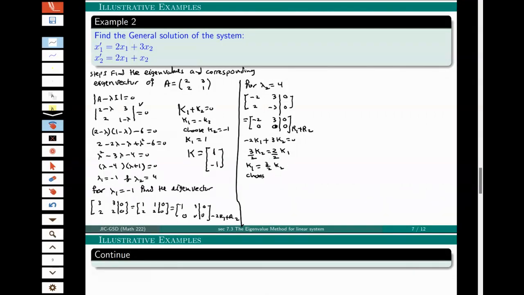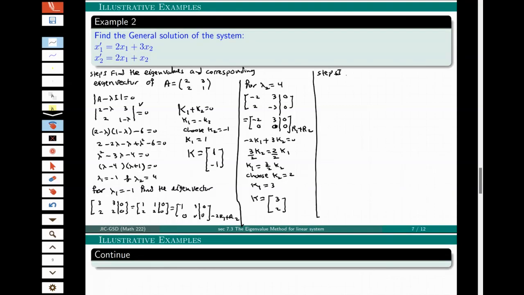So if I choose K2 to be 2, K1 will be 3, and our eigenvector is K1 is 3, K2 is 2. Now, once we get that one, so our next step, which is the only idea we have today, that's all from section 6.1.